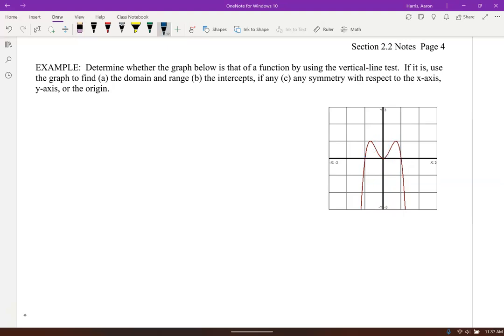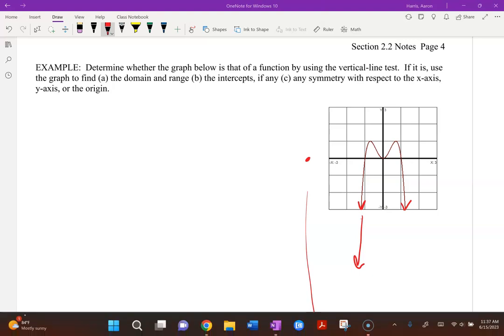If it is, find the domain. Well, it doesn't have arrows on this, but notice it keeps going. This is just a rip from a graphing calculator, and this keeps going, right? I know it's going down quick, but it's also going left. Very slowly, but it is going left. In other words, if you were to pick this point out here at -4, it's way down here, but it is on the graph.